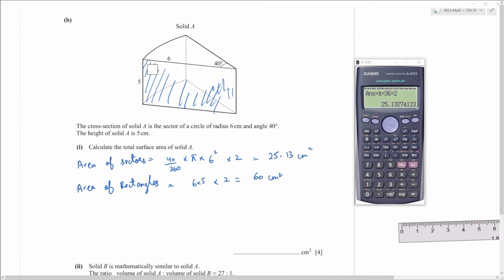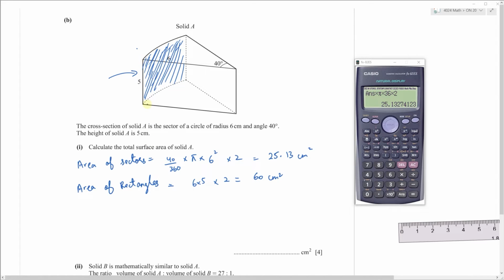And then the last one remaining is this curved surface area, this face. This will be the curved surface area because there is an arc here.